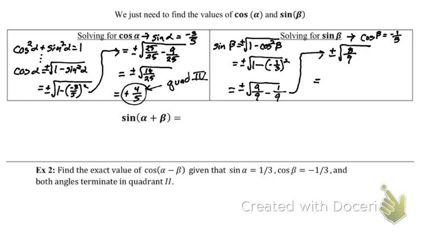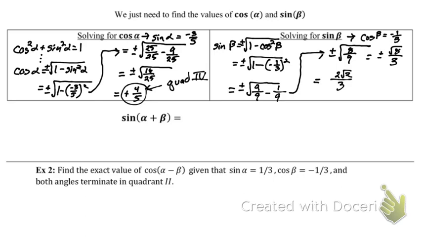How do I simplify the square root of 8, though? What can I rewrite the square root of 8 as? So we would have plus or minus the square root of 8 over 3, which is going to equal, Liv? 2 times the square root of 2 over 3.